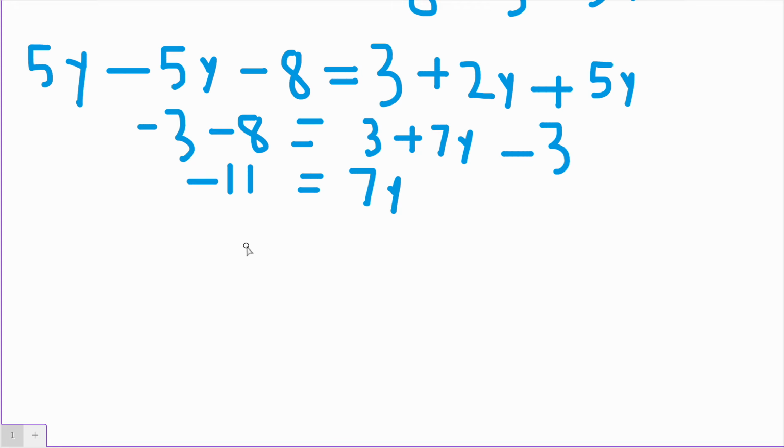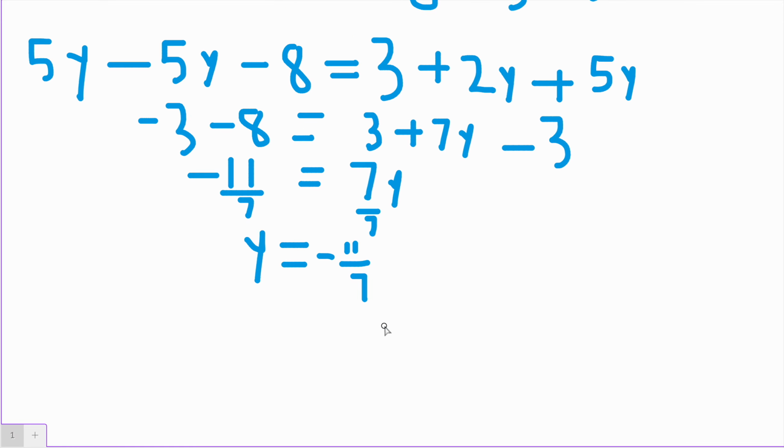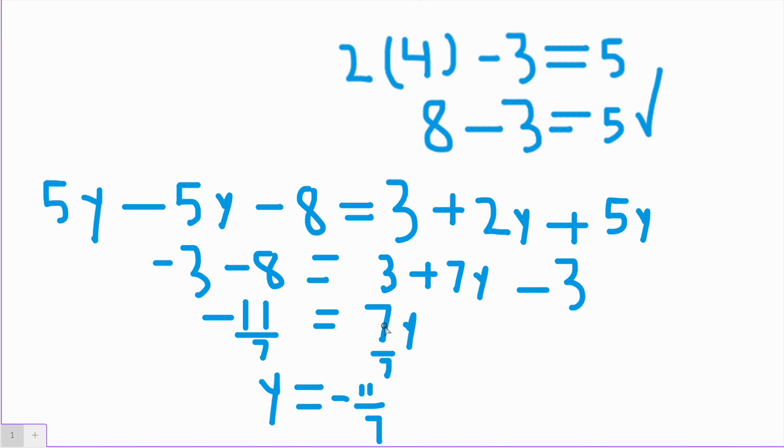And then we divide by 7 so that y equals negative 11/7. We can just leave this as an improper fraction because we can't simplify it any further.